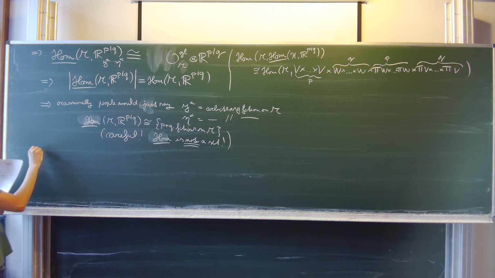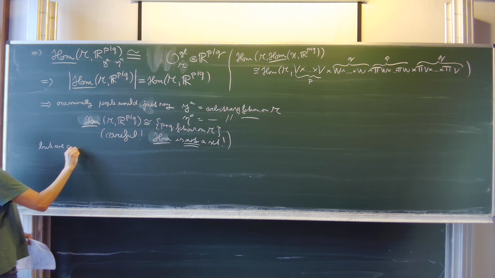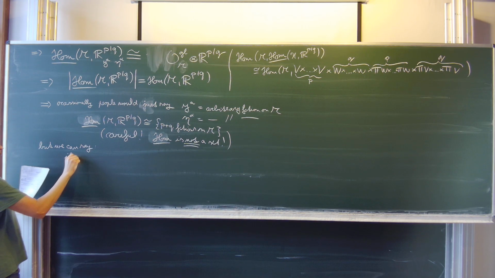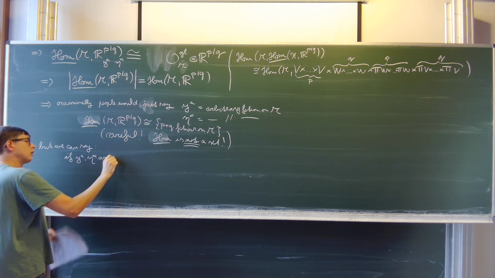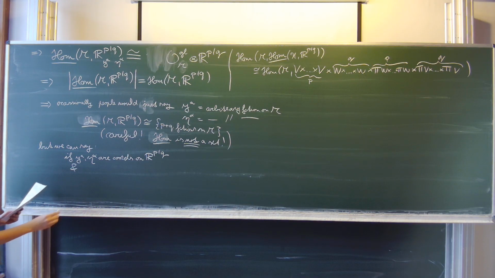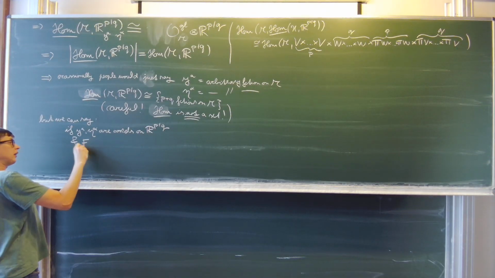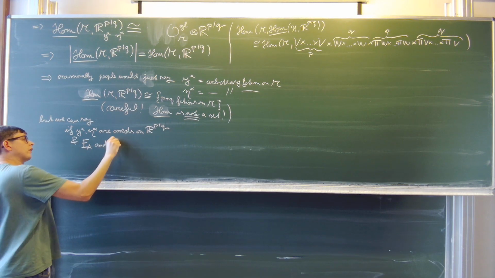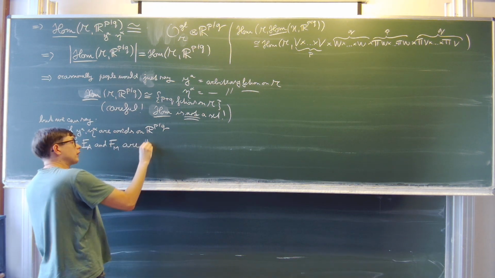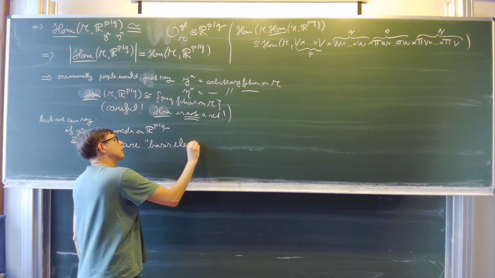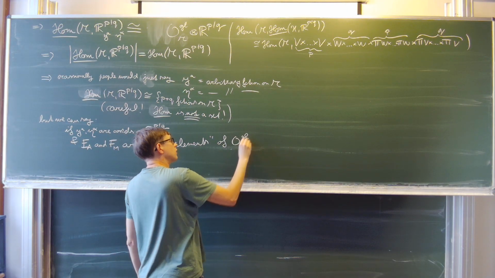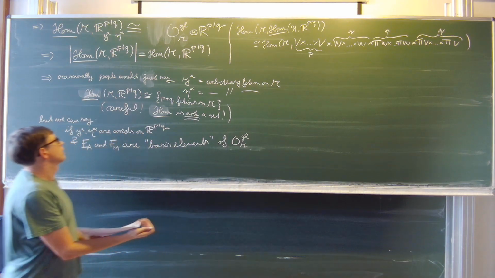Okay, but what you can say at least, and the stuff that makes kind of sense, is that say if y^a and eta^alpha are coordinates on R^{p|q}, and here is the final notation, so e_a and f_m are basis elements, again heuristically speaking, of the algebra of global functions on M. So I have that space.